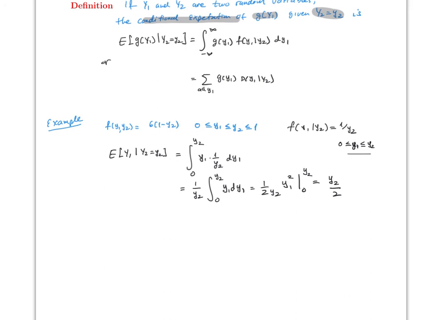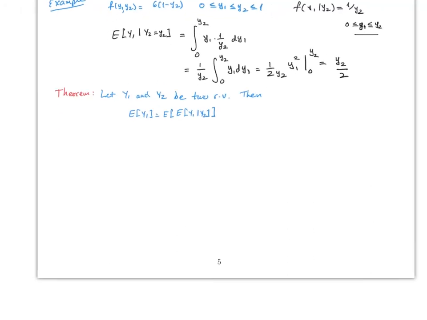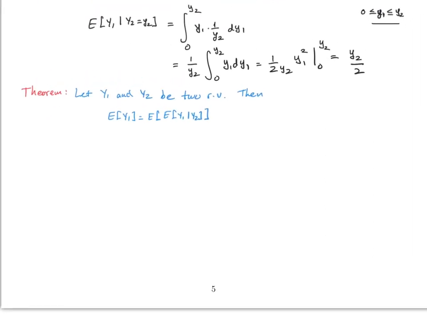And that's it. Now a very important result is the following: the expected value of y1 is the same thing as the expected value of the expected value of y1 given y2. This is particularly useful when finding this directly may be tricky, so this can help you a lot, or it will make life a lot easier.